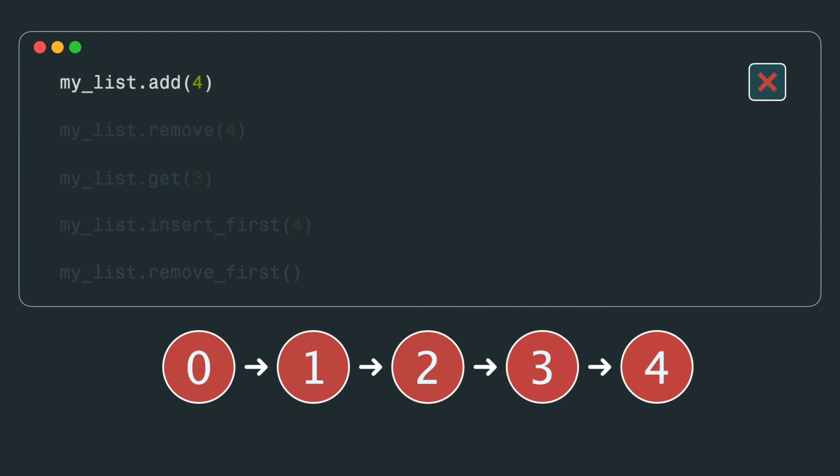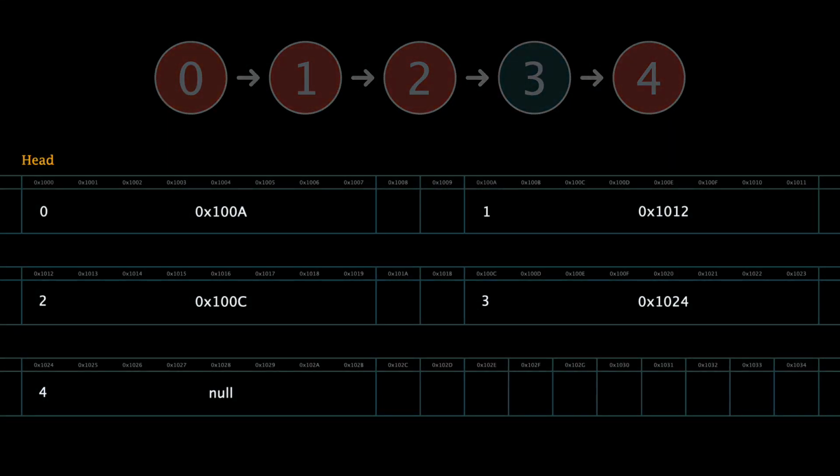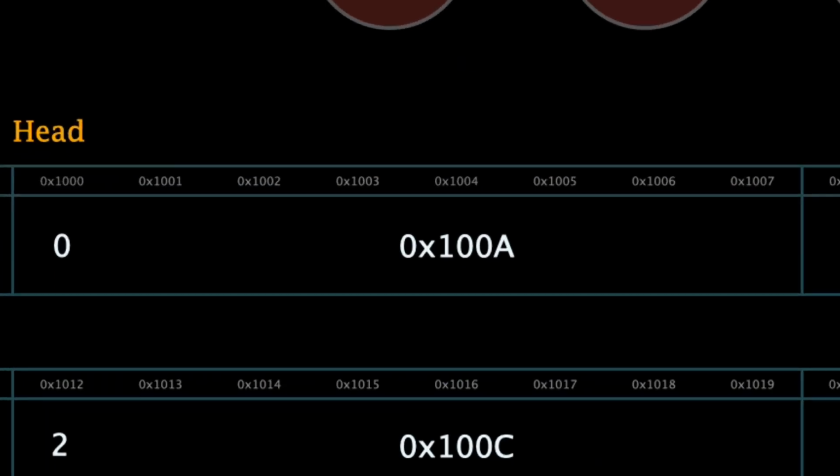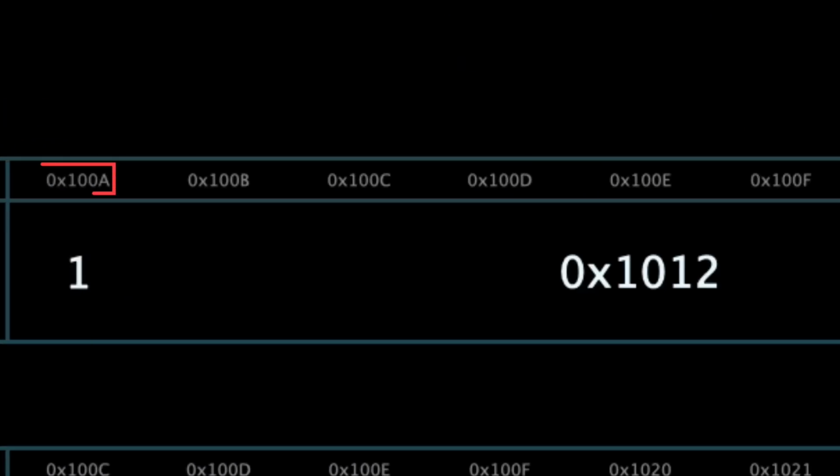Alright, now we can look at removal. This operation intends on removing the fourth node, so we'll have to imagine 5 blocks of memory. To find the node we want to remove, we start at the head and move through the nodes one by one, following their references.